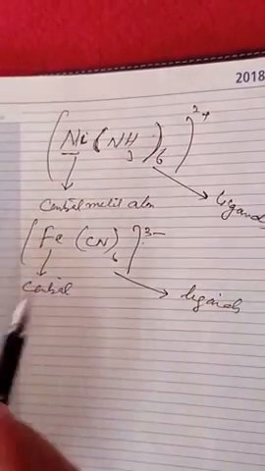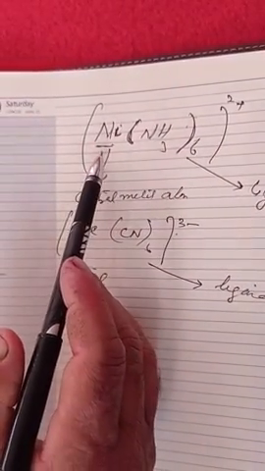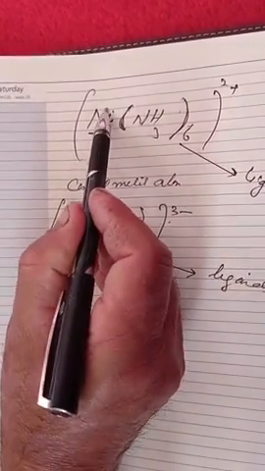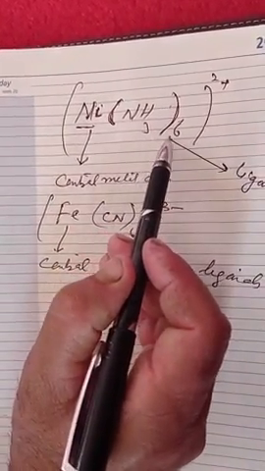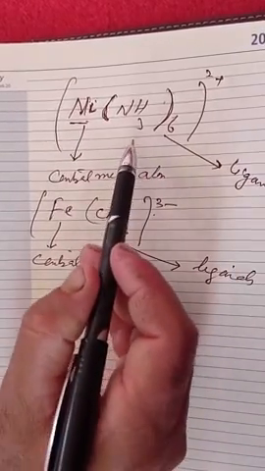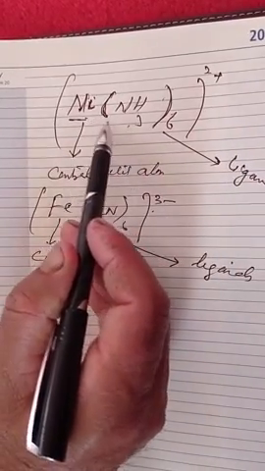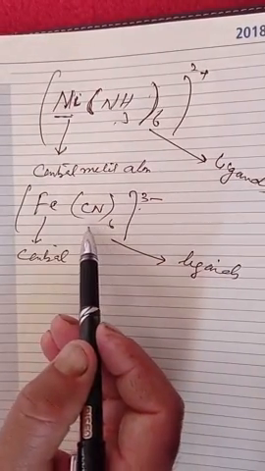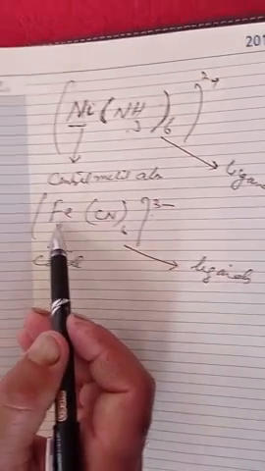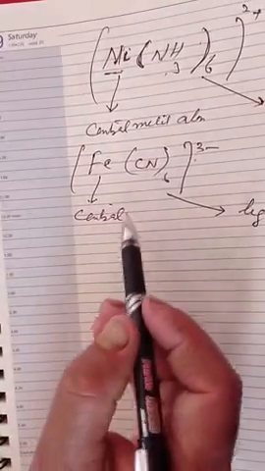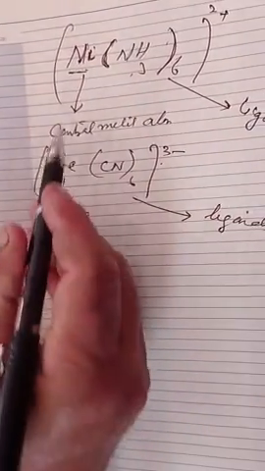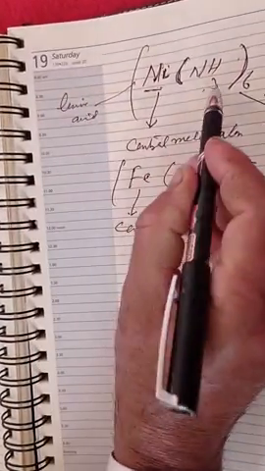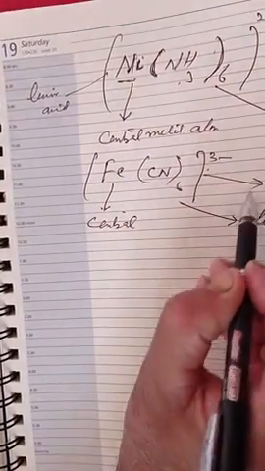You must know that the central metal atom has vacant orbitals. So these ligands donate pairs of electrons to the central metal atom. Here the 6 cyanide ions donate electrons to the iron. That means the central metal atom is a Lewis acid, and the one that donates electrons is a Lewis base.